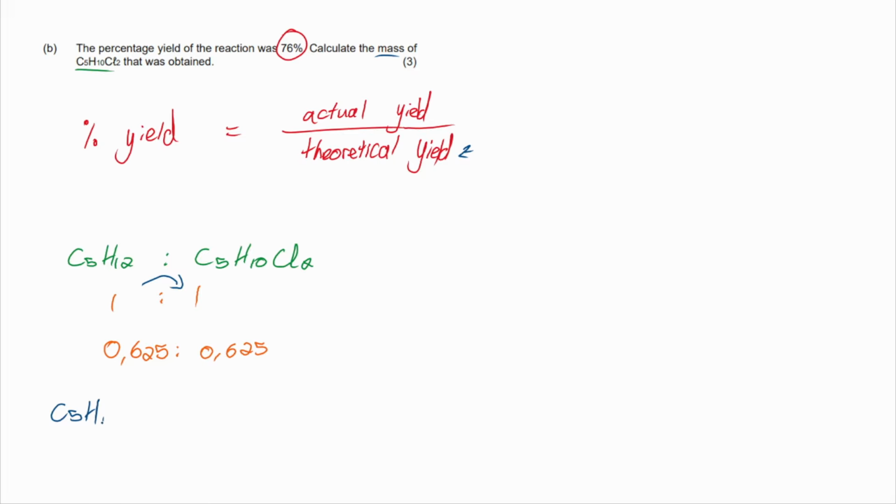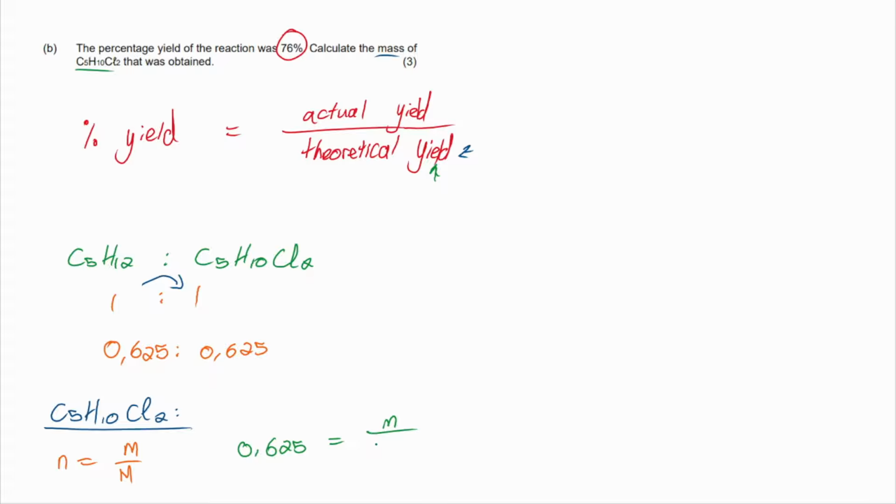So again we're going to use Old Faithful. n is m over M, n is m over M. So we know 0.625 is equal to, we're trying to find mass, right? Because we want to put the mass in here to then find a mass over there.